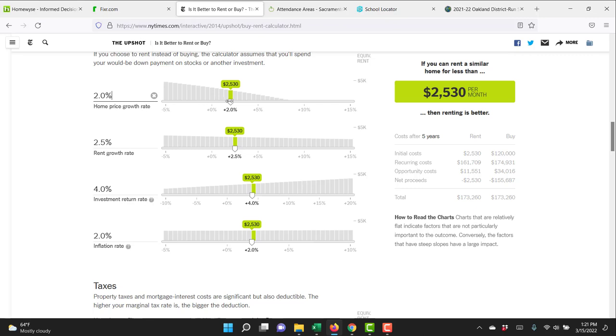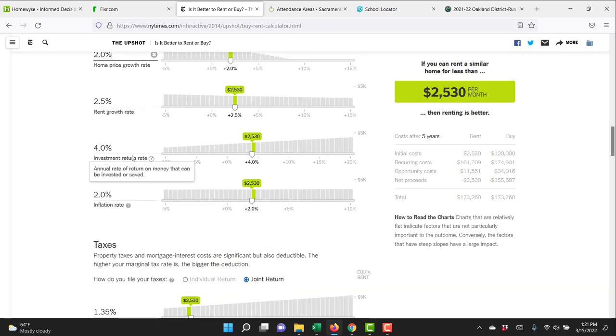So a 2% growth in the house price is actually a really big percentage return on your down payment, the amount that you're investing. So that's why this is kind of nonlinear, because you're using a mortgage and a loan to buy the house. And so the return on your actual money is going to be really high if the house goes up in value. But with rent, you're just paying the same amount every month. There's no leverage involved. So that's why it's flatter.